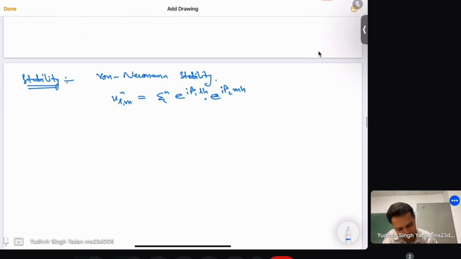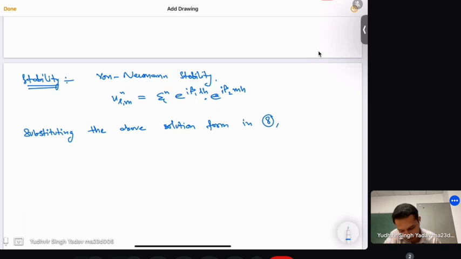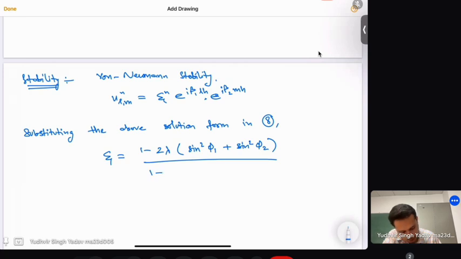Substituting this form of solution in scheme 8 and simplifying further, one can arrive at xi equals 1 minus 2 lambda times sine square psi 1 plus sine square psi 2, divided by 1 plus 2 lambda times sine square psi 1 plus sine square psi 2.